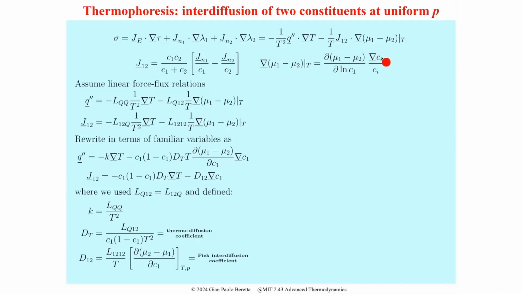Yeah, sorry, this should be a C1 over C1, not I. I'll correct that. Okay, so this is the setup. So that's the usual formula for the entropy production, from which you infer what are the entropic degrees of disequilibrium, which are the ones that enter in the linear force-flux relations.